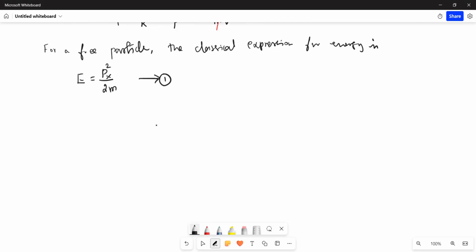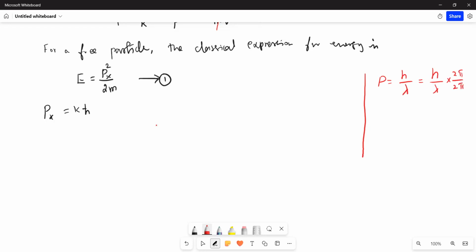Here, you need to replace the momentum Px by k h cross. How is the momentum P equivalent to k h cross? Because you have a formula, no? The momentum is nothing but h by lambda, as per the de Broglie equation. Now take h by lambda and multiply by 2 pi divided by 2 pi.